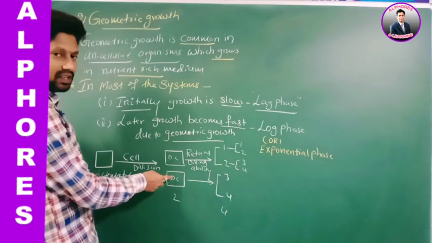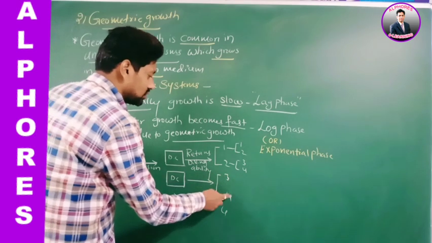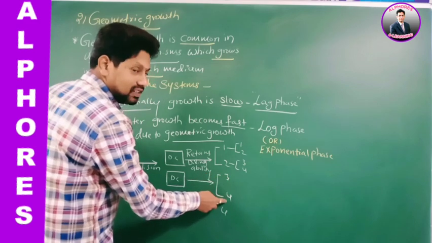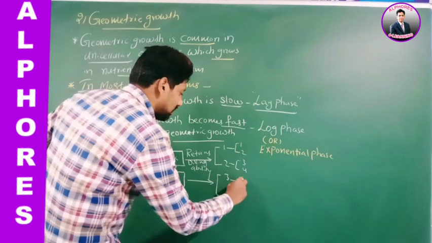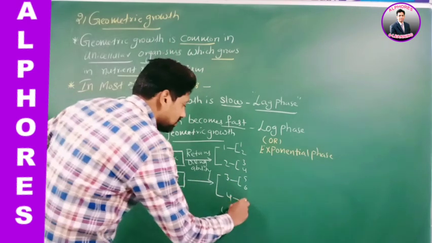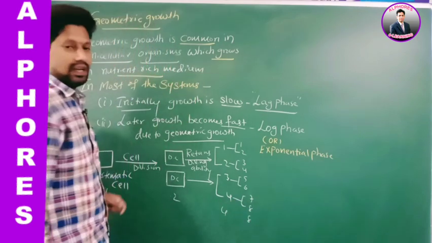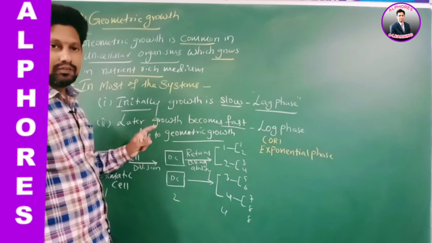When this divides, you get 2 cells. Yes or no? Therefore, geometric growth. What is the meaning of geometric growth?